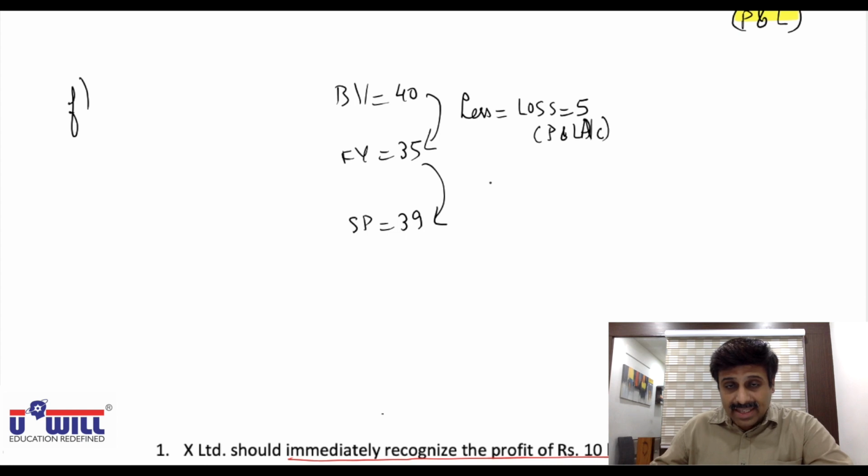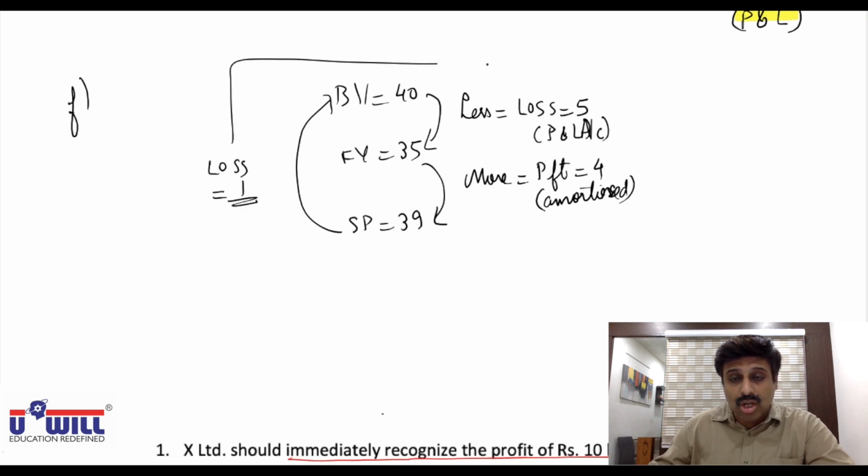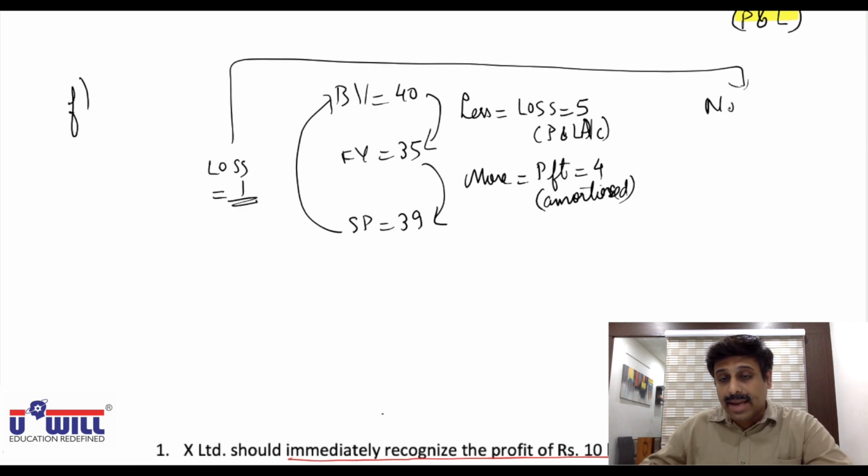Okay. 39 and 35, there is more. How much more? 4 lakhs. This profit of 4 lakhs will get amortized. Now 39 to 40 there is a loss of 1 lakh. This loss we have to compare with the net profit or loss.